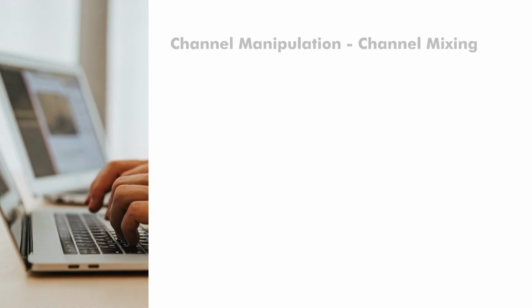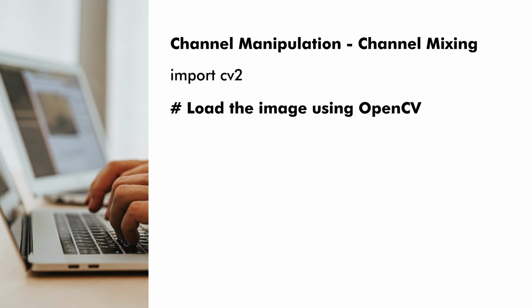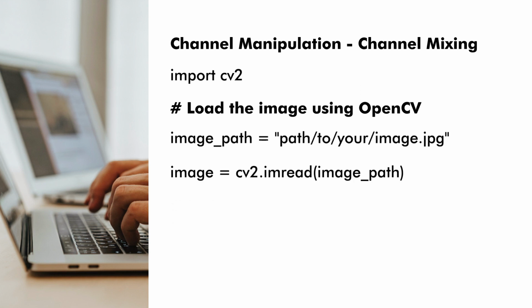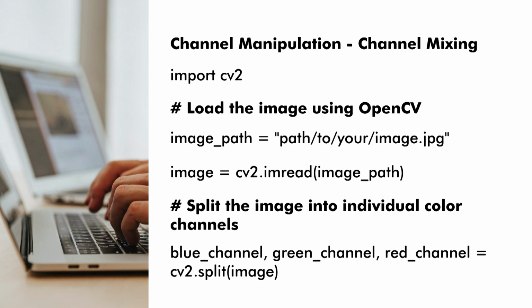In channel manipulation, another one is channel mixing. Channel mixing is a versatile technique that offers a wide range of color adjustment and artistic possibilities. In this, we are coding here using Python. We have to import the libraries, load the image using OpenCV, then split the image into individual color channels.